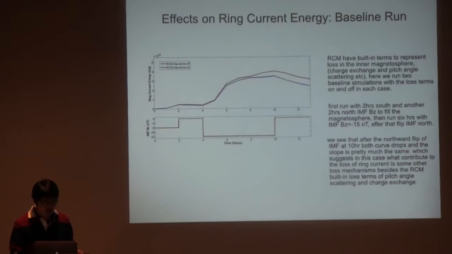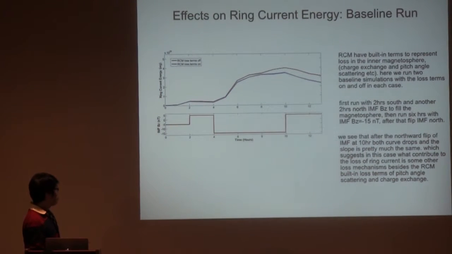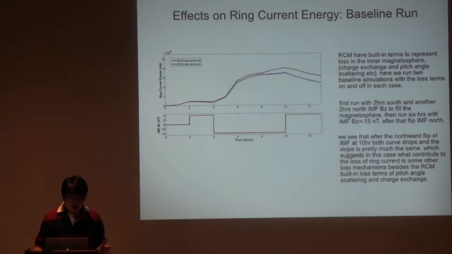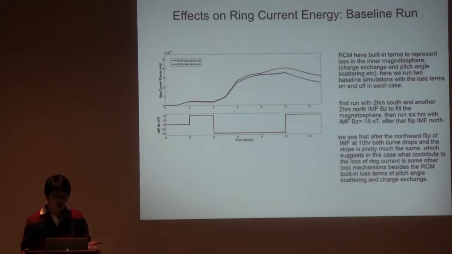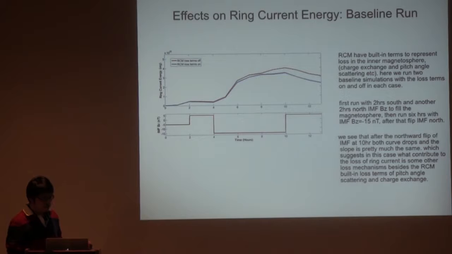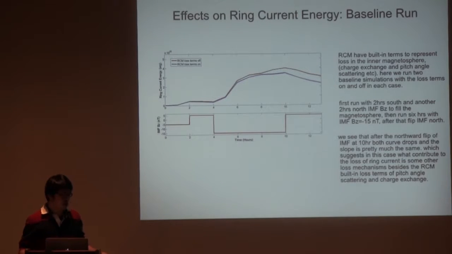The interesting thing is like this. Oh, I forgot to introduce this. The red line is with the RCM loss terms off. In RCM, there are several built-in loss terms representing the charge exchange and pitch angle scattering, and so on. And the blue line is just with these loss terms on.